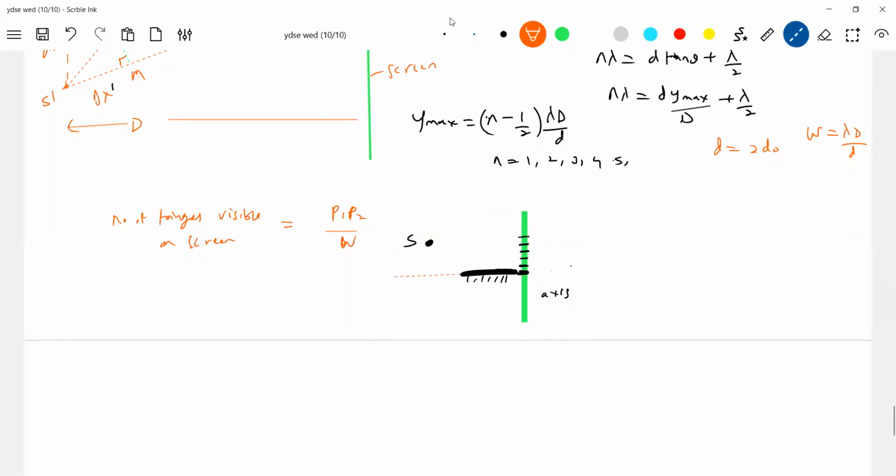Few clarifications we have to do. So what we get is a minima. Now look at this. This is D naught, there's a mirror. And now, do we get any pattern here? No. What all the pattern will be visible in this region?